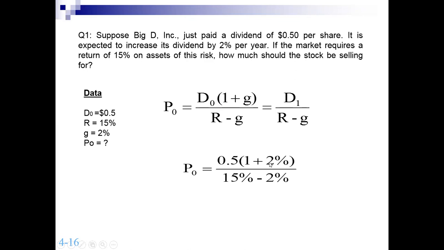Again, keep it in mind that 2% means 0.02. When you are applying on your calculator, you should be very careful when you are working in percentage. So 0.5 is your dividend that was recently paid by the company. This is your growth factor, and R minus G, this is your required investor return minus growth rate. Once you compute it, you will get the price of 3.92.